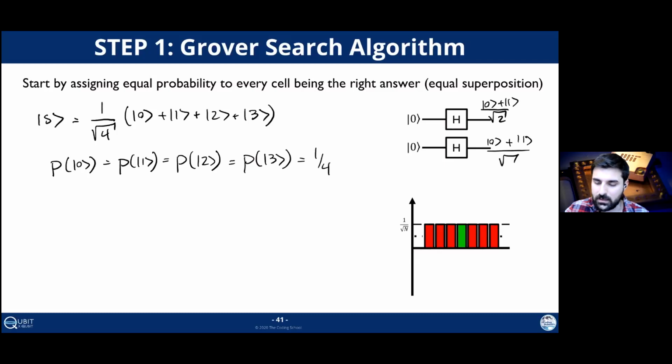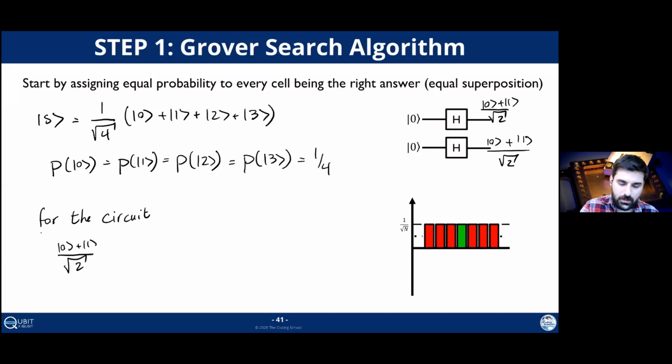And once we take the tensor product of this, maybe I'll do it down here. So I have, for the circuit, (0 + 1)/√2 tensor producted with (0 + 1)/√2.